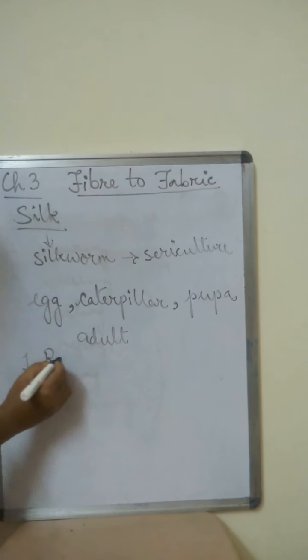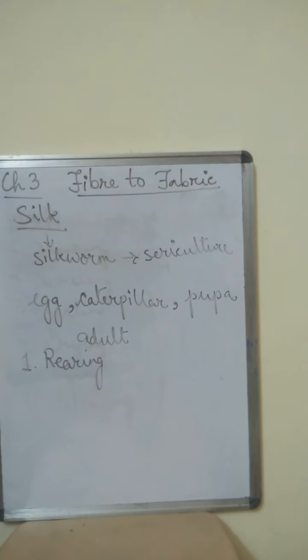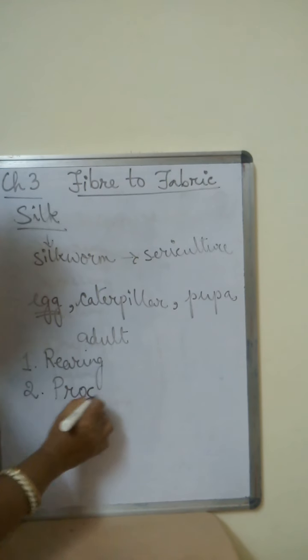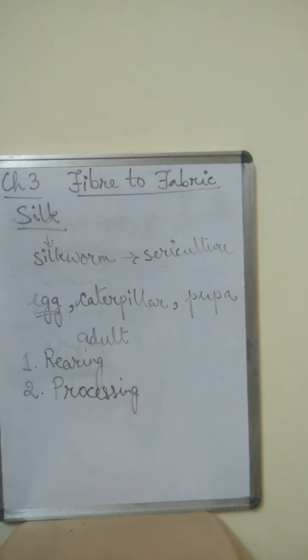What are the steps? First it is rearing of silkworm. The eggs are being reared till they reach the stage of cocoon. Next is the processing. In this processing, the cocoons are boiled.